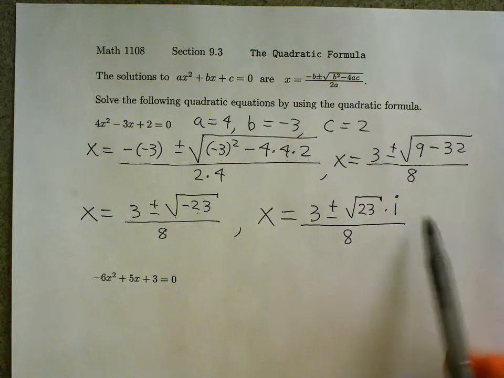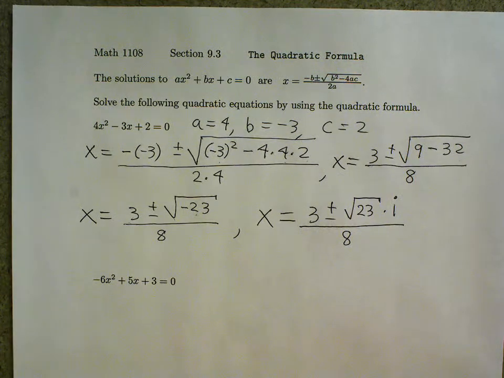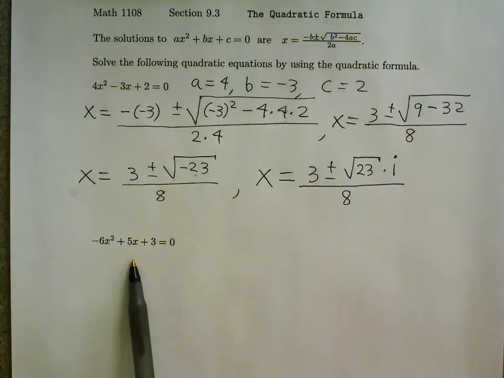Okay, so the two solutions are non-real. All right, the next one, solve this one. Negative 6x squared plus 5x plus 3 equals 0.